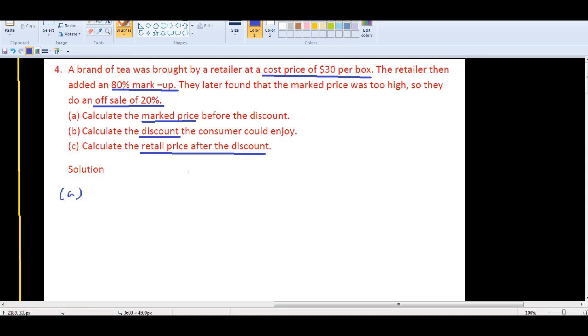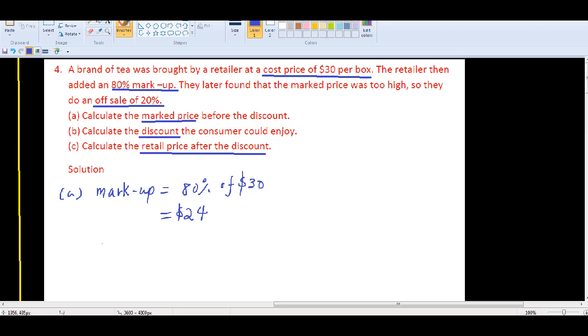First, what's the mark price? To find the mark price, you need to find the markup first. Markup will be 80% of $30, so that would be $24 as markup.